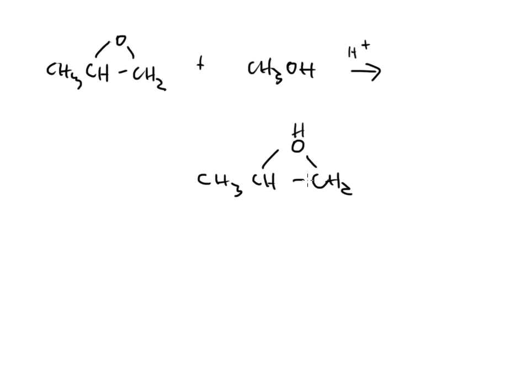And this is what forces the ring to open up. Now we have a question. If we cleave the bond here, that means OH goes on the end. If we cleave the bond here, then that means the OH will go in the center.